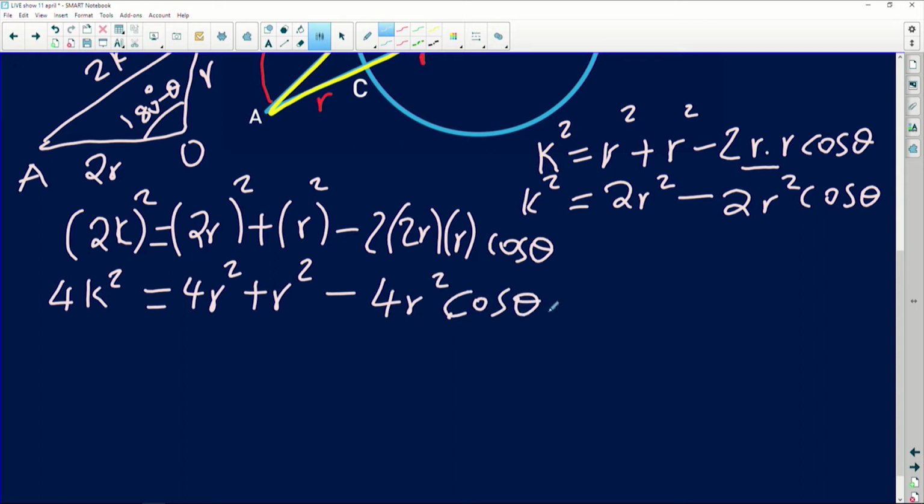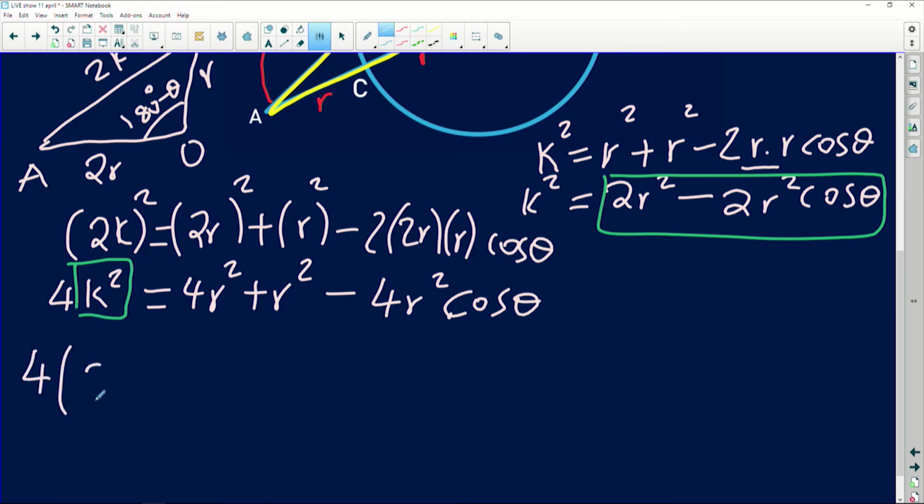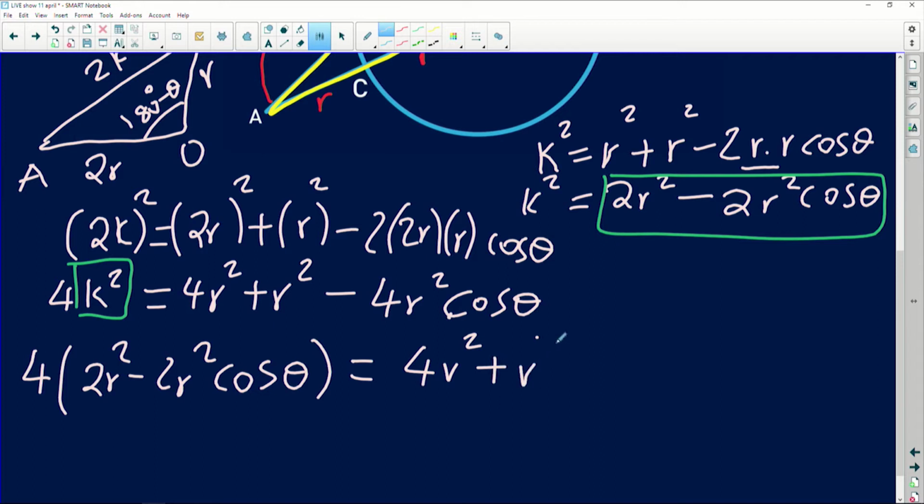If you look at this, we've got two equations that both have r and k in them. So I'm going to take all these values of k squared and sub them wherever I see k in the new equation which I found now. This is going to leave us with 4 into 2r squared minus 2r squared cosine of theta equals 4r squared plus r squared minus 4r squared cos of theta.